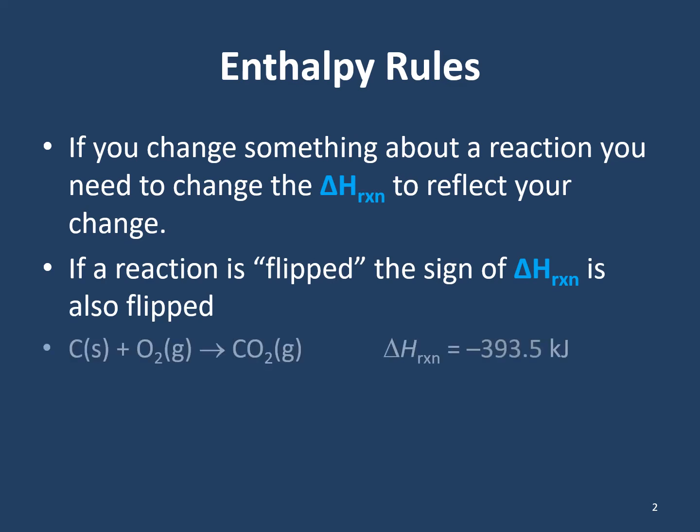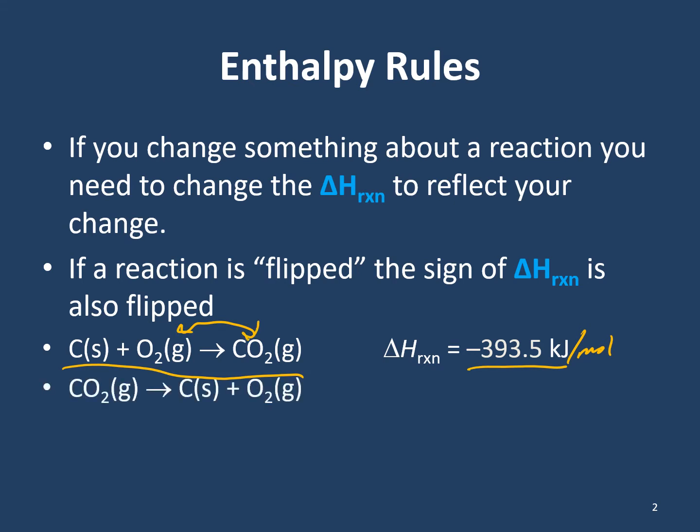What I mean by this is if I take this reaction, for instance, carbon reacting with oxygen gas to go to CO2, this has a delta H of negative 393.5 kilojoules, technically per mole, but sometimes we leave off the moles. At the end of the day, if I flip this, what I mean is I'm basically going to switch the products and the reactants. Something like this, right? So now if we look at the differences between these two reactions, in this case CO2 was a product, now it's the reactant.